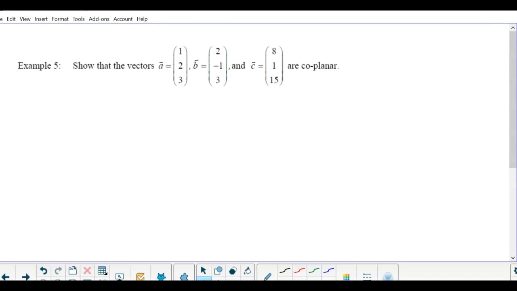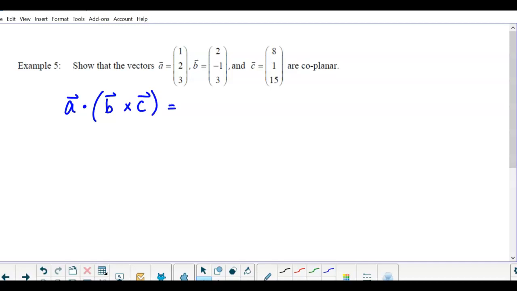Okay, so question 5 here says show that those three vectors are coplanar. So it doesn't matter which order. I'm going to just do the order that we just did. So basically A dot B cross C. What is it going to be?